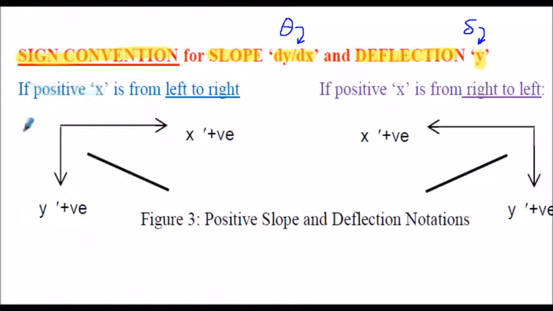So if for our beam a positive value of x runs from left to right, shown here, then the deflection will be positive downwards, and the gradient or the slope will be in this orientation. If the positive x runs from right to left, as shown here, then the deflection will still be downwards, as shown here, but the gradient notation will be shown in this orientation here.